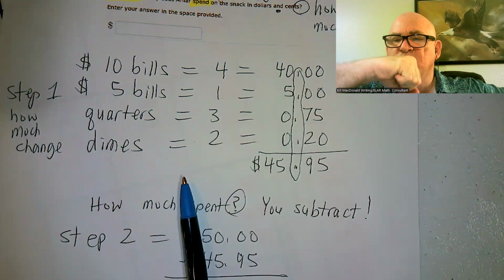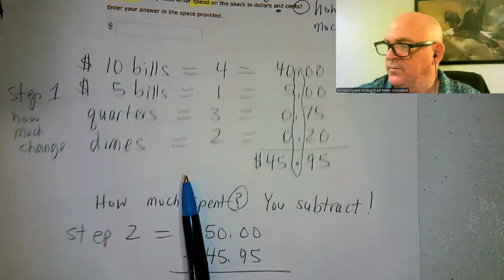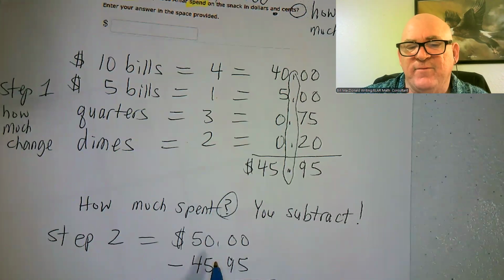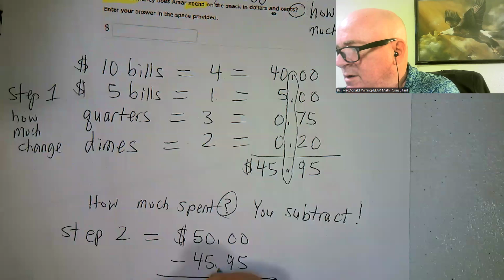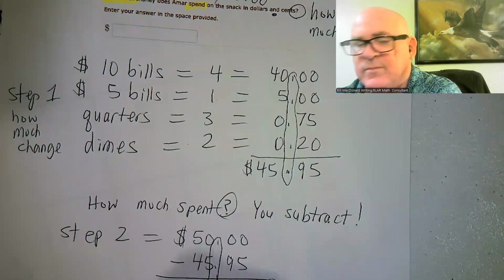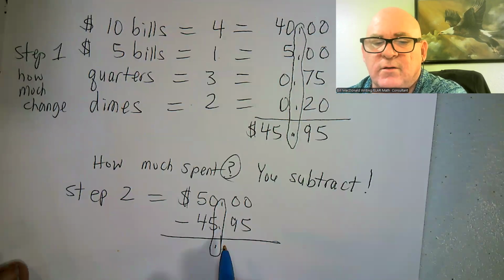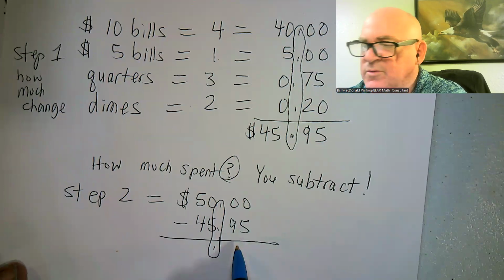Okay, so how much spent, you subtract. So I needed to have taken the $50 and no cents and subtract $45.95. And again, I would have gotten a highway of decimals.